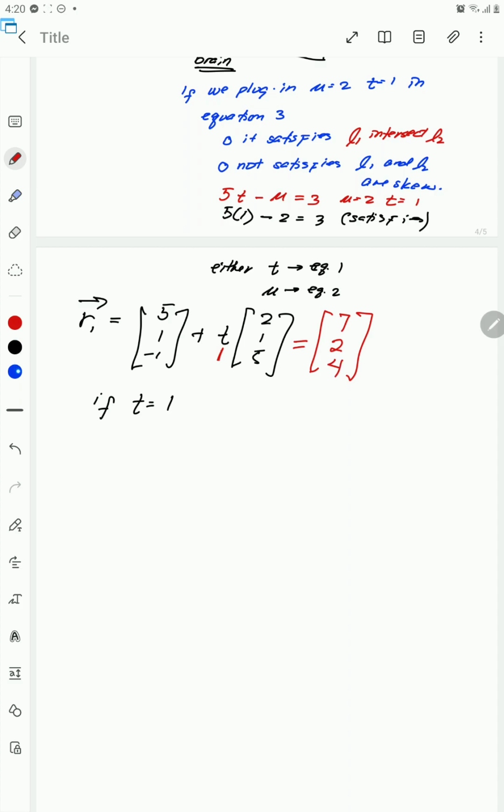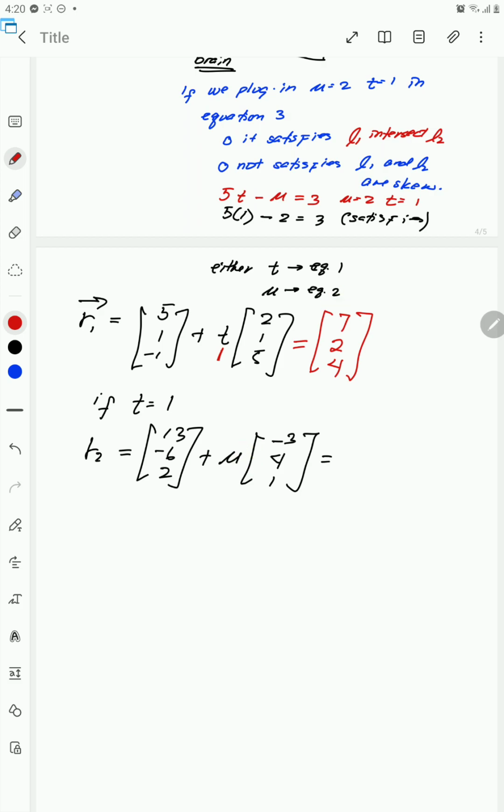Let's check with R2. R2 was equal to (13, negative 6, 2) plus mu times the direction (negative 3, 4, 1). So let's replace the mu with 2.